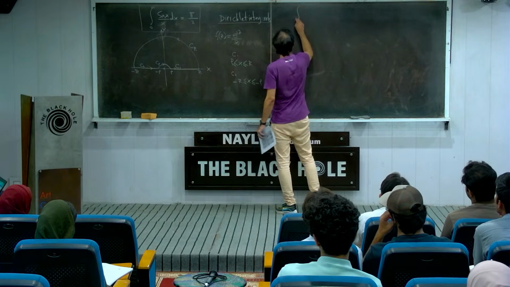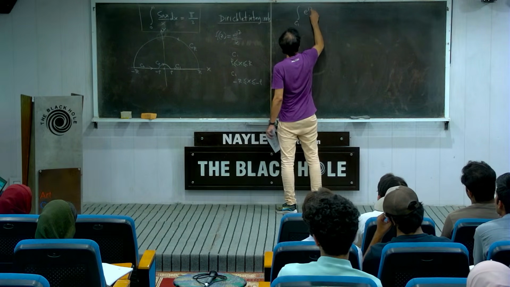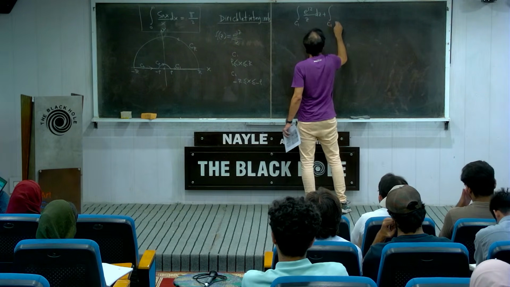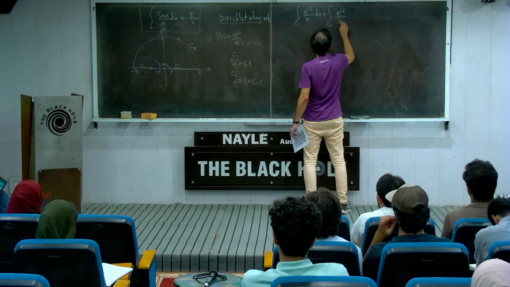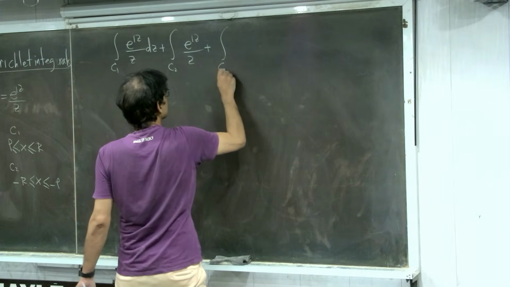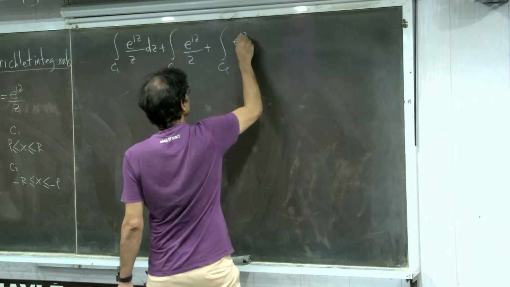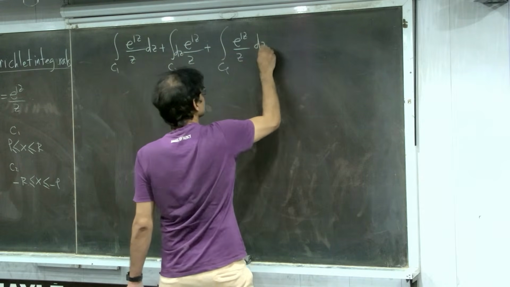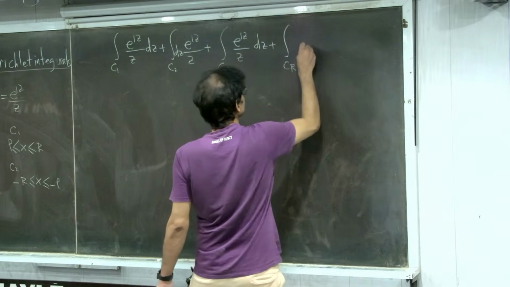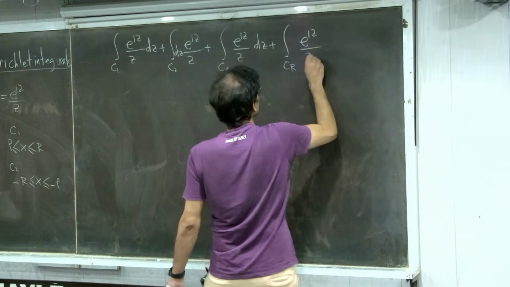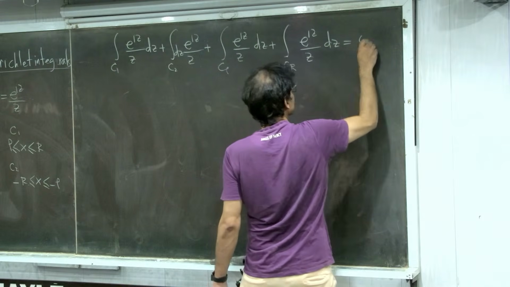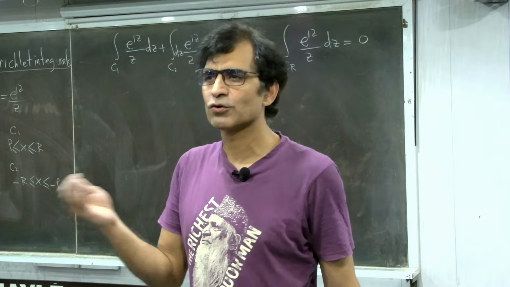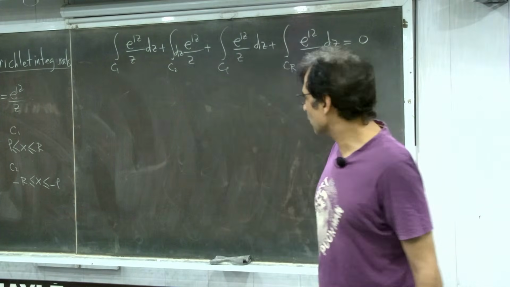So if you write the integral over C1 of e to the power iota z over z dz, plus over C2 of e to the power iota z over z, plus over C rho, by Cauchy's integral theorem, if you do not have any pole in your closed contour, the answer is always equal to 0.